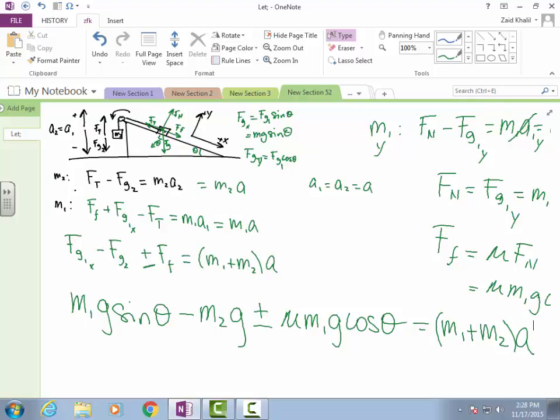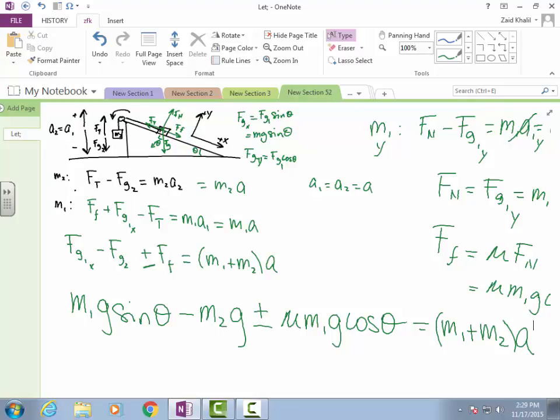Right? We have A. What's A? That's A. So what body would you use to solve for the force of tension? Why? That's right. So for the hanging body, you have Ft minus m2g equals m2 times A.